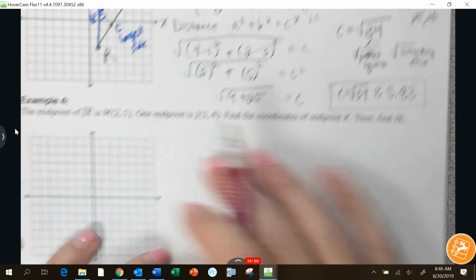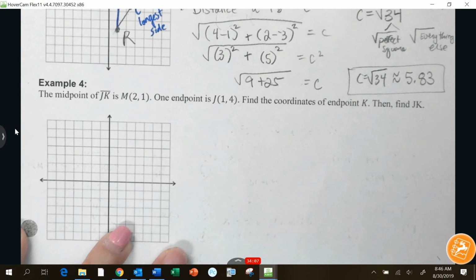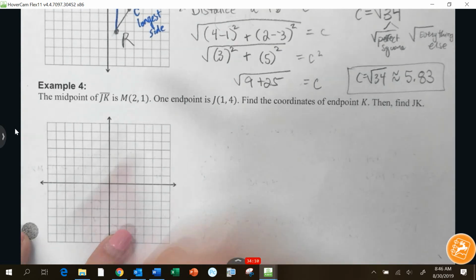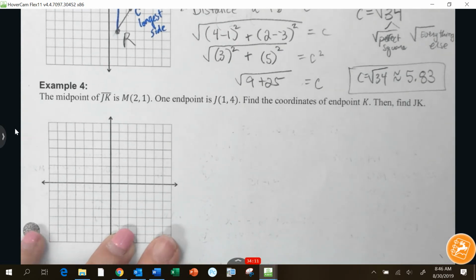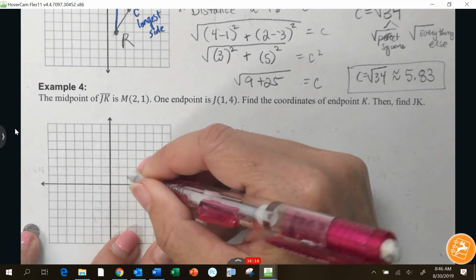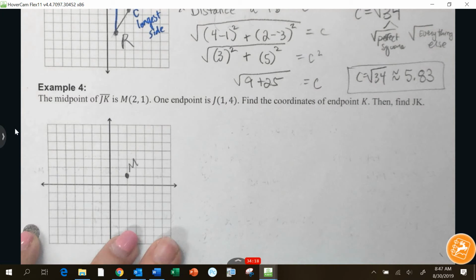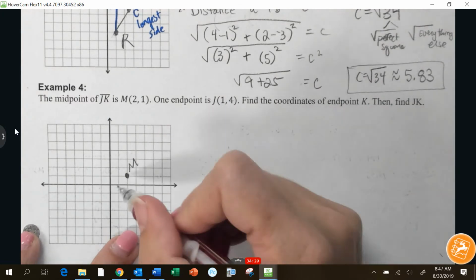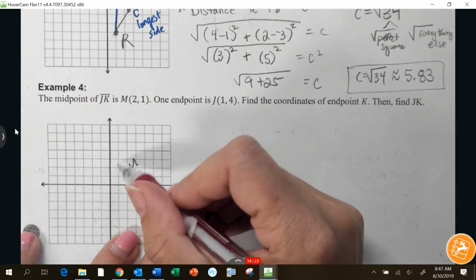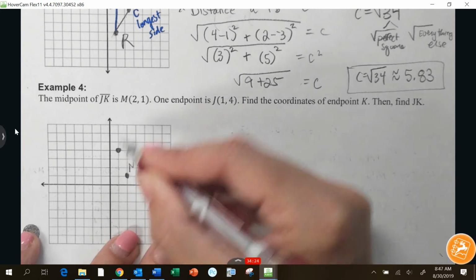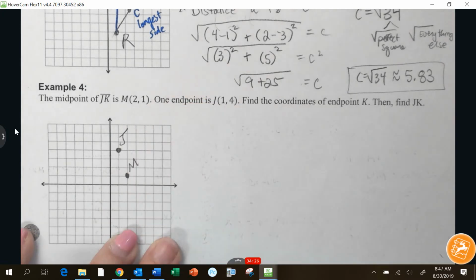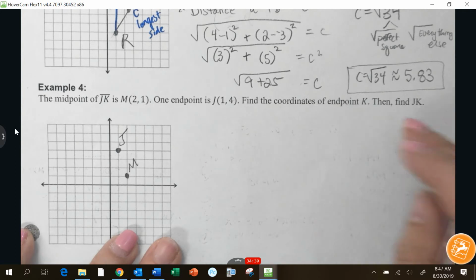Last example. The midpoint of JK is M (2, 1). One endpoint is (1, 4), and that's J. Find the coordinates of K, then find the length of JK.